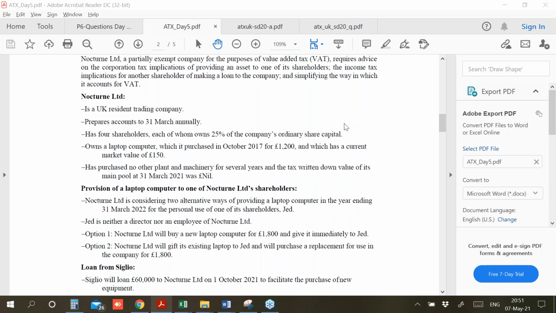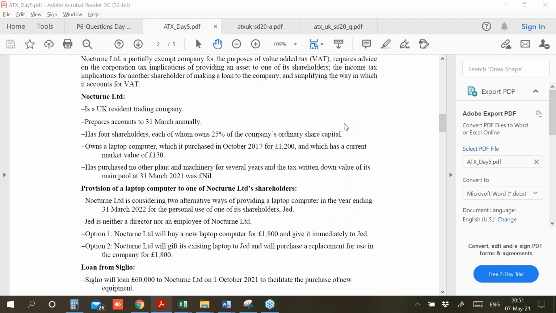In that way I'll be able to get away from the dividend income tax, and as I am not an employee, it will not be a taxable benefit for me as well. So to combat that, HMRC said that if only a shareholder is trying to get anything from the company, apart from dividend, we will treat that as dividend.